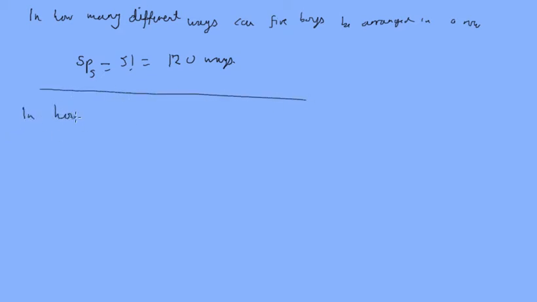And in how many ways can 9 elephants and 4 mice be arranged in a line? Now, how many objects do we have altogether?